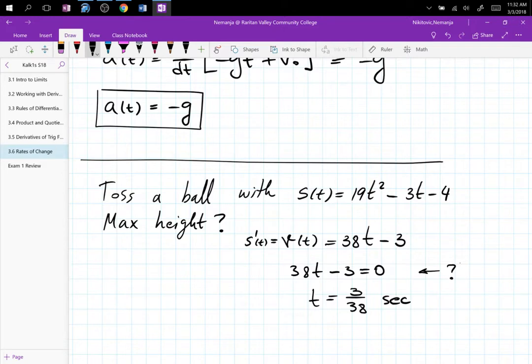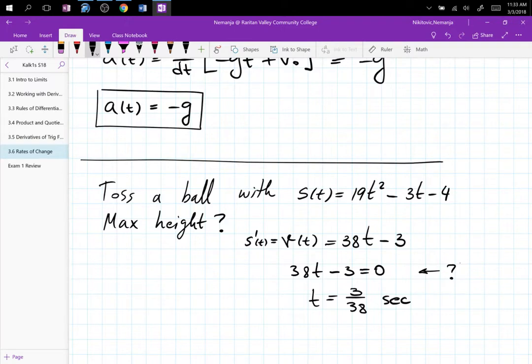When you throw something up, if you're not tossing it so high to reach escape velocity, to go off the planet like a rocket, for instance, then, because gravity is pulling downwards, the object will go up and it will be slowing down and slowing down and slowing down.